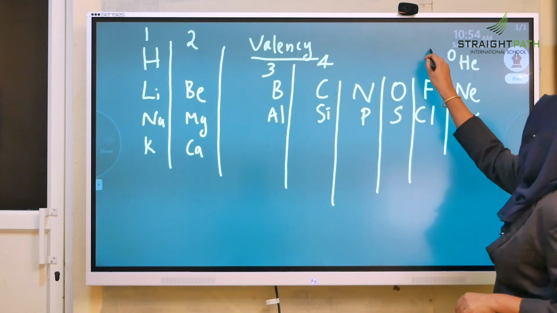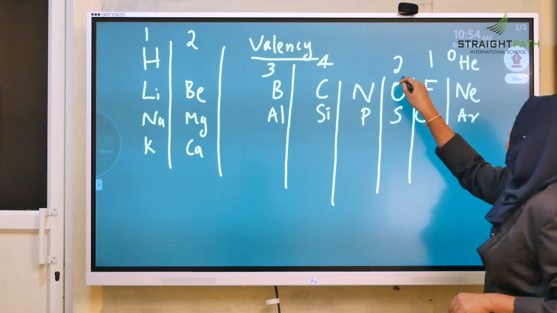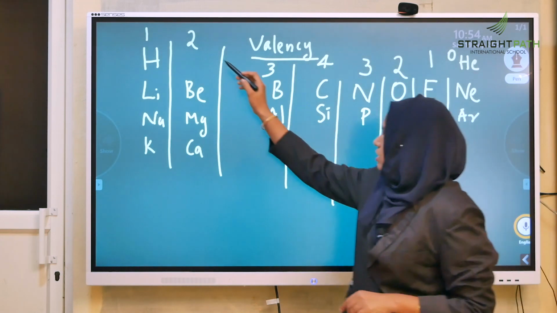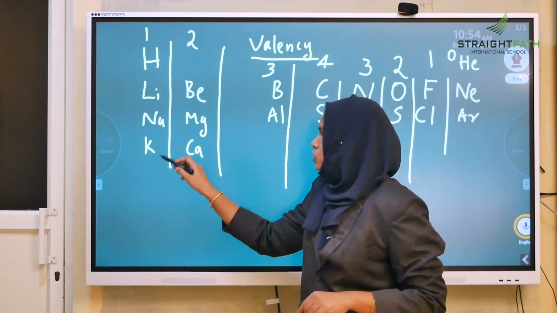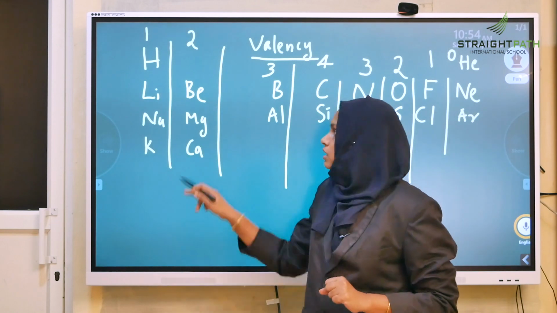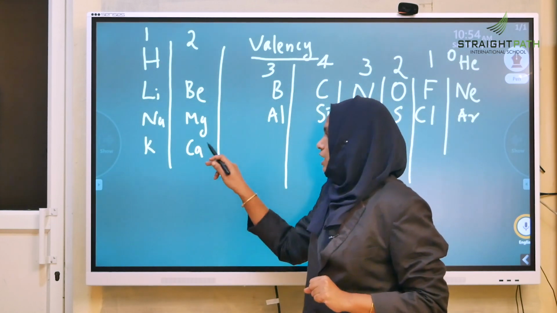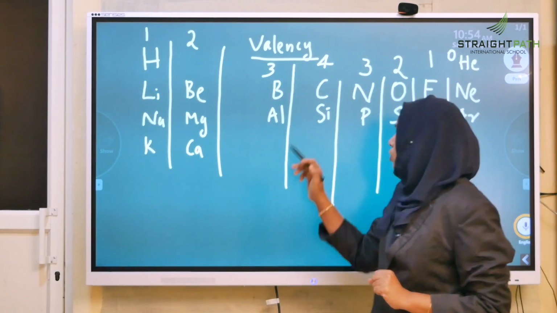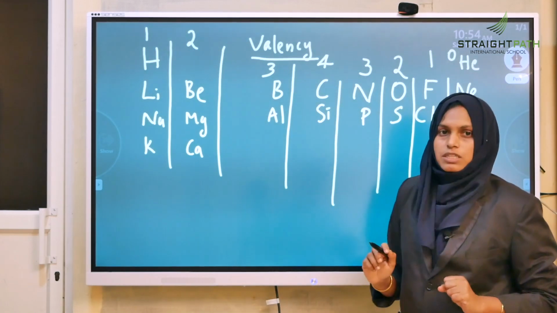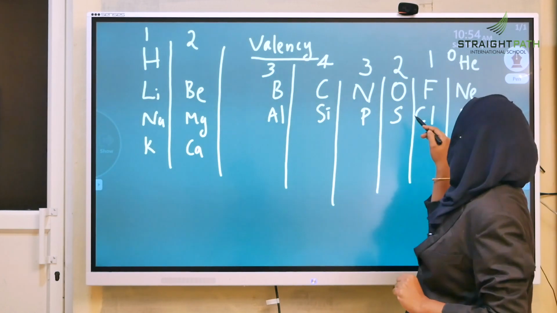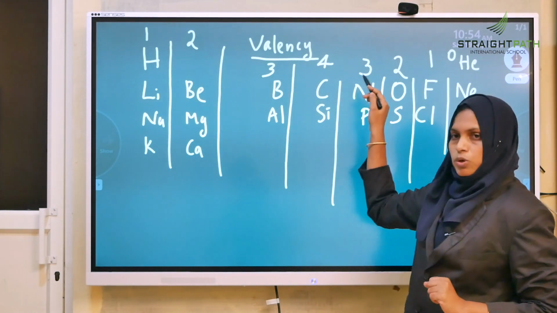Then for these groups it is 1, 2 and then 3. So for hydrogen, lithium, sodium and potassium, the valency is 1. For beryllium, magnesium and calcium, valency is 2. For the third group it is 3, fourth group it is 4, and then from here 0, 1, 2 and 3.